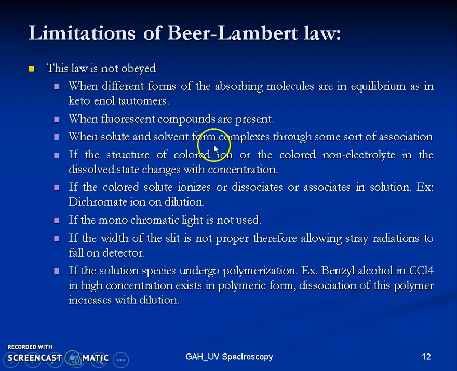If a complex is formed, then that complex behaves as a separate entity and the solute behaves as a separate entity. Then it is like having two different compounds with altogether different natures. So that is a sort of association which we don't expect, as per the limitations of Beer-Lambert's law.